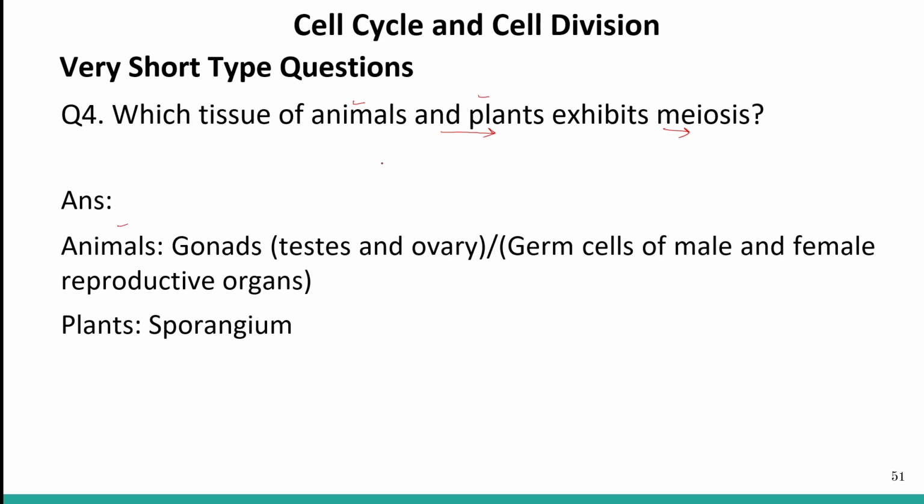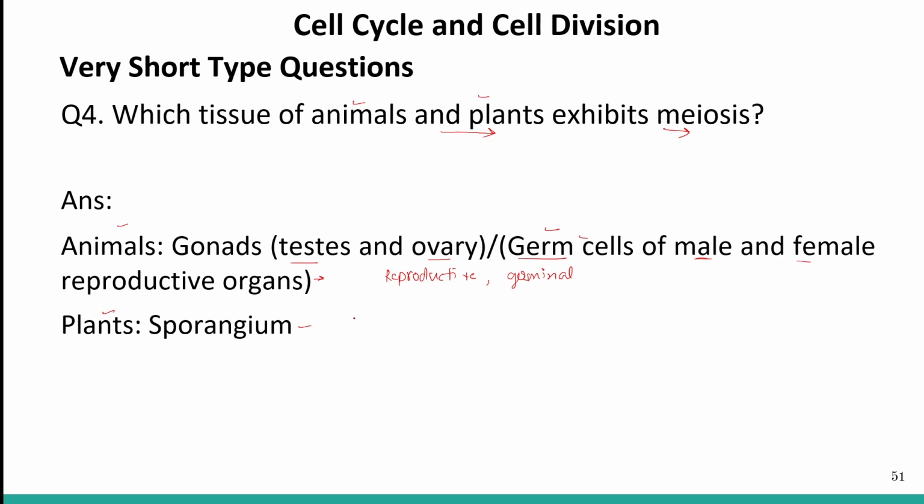In animals, meiosis takes place in the germ cells of the male and female reproductive organs, the testes and ovaries. We can say germ cells, germinal cells, sex cells. Whereas in plants, meiosis takes place in the sporangium.